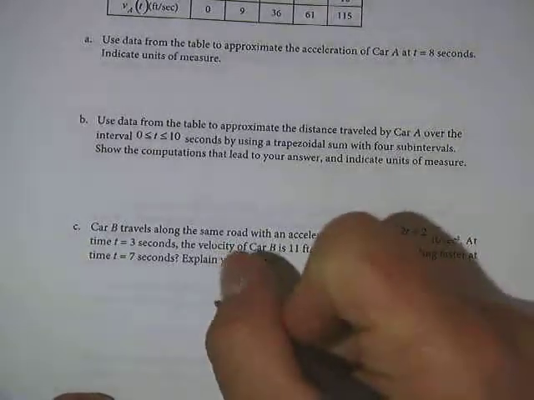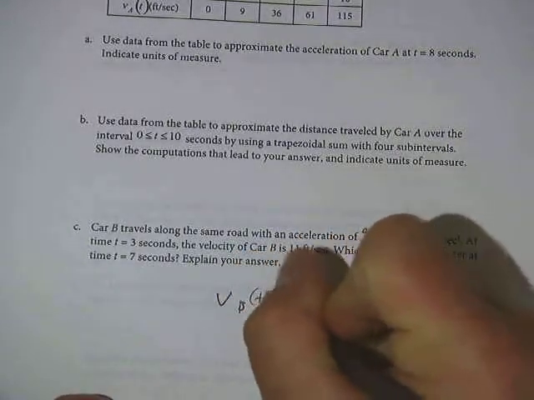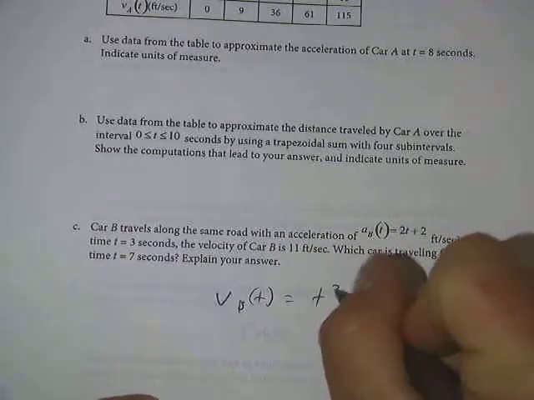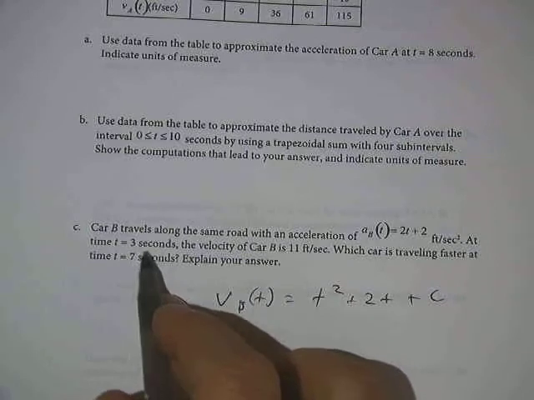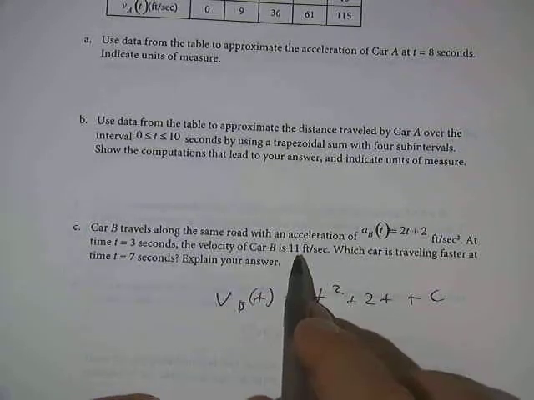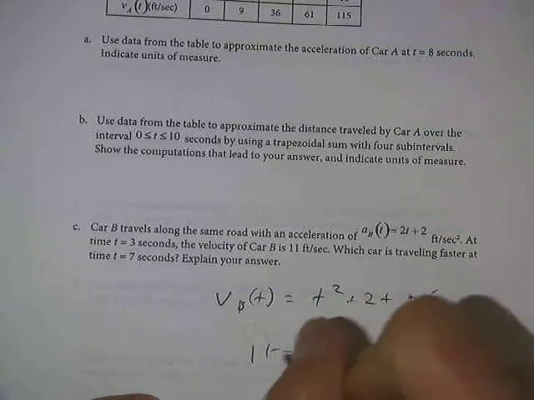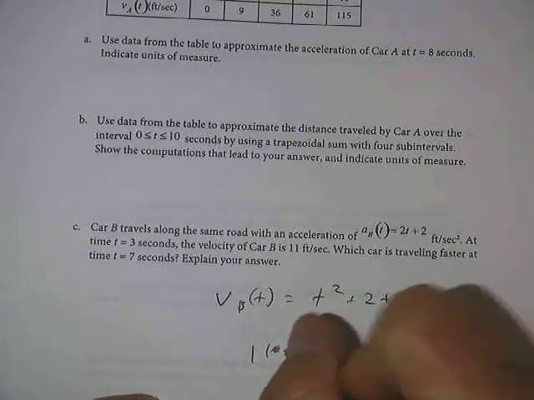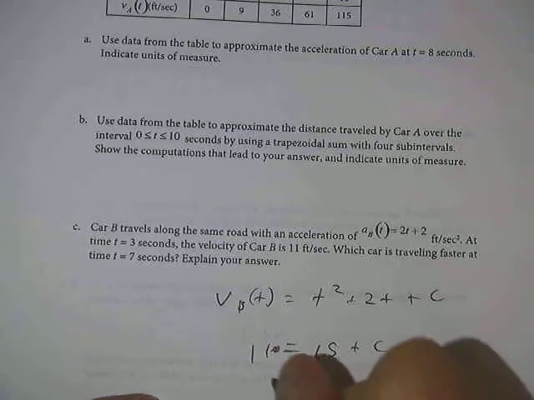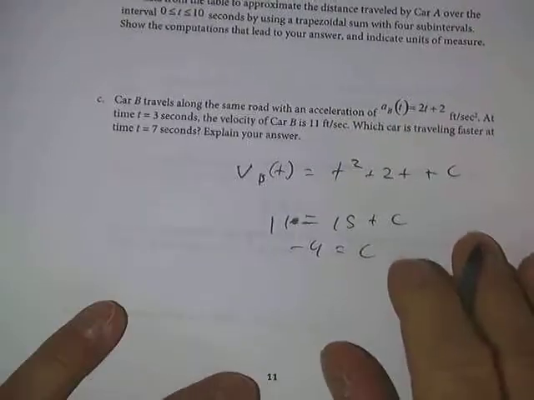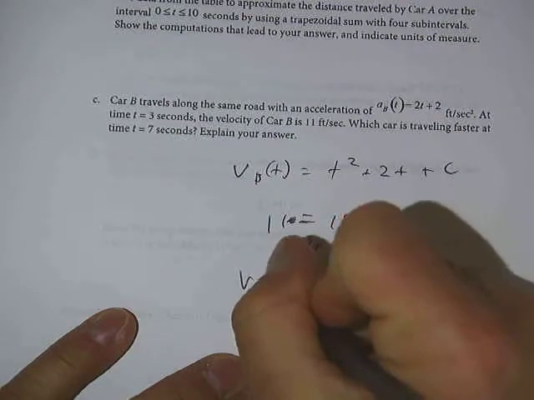Well, ultimately, if we have the acceleration equation for car B, can we find an equation for the velocity? We already know that at time 7, car A is going 61. So we know car A's velocity, that's in the table. So we need the velocity for car B. How are we going to find the velocity if we know the acceleration?